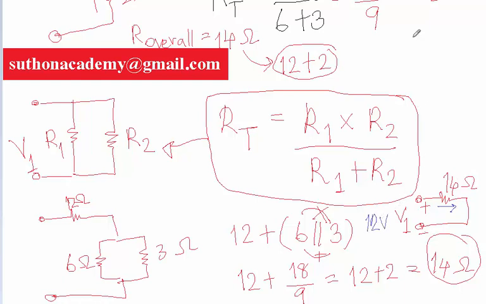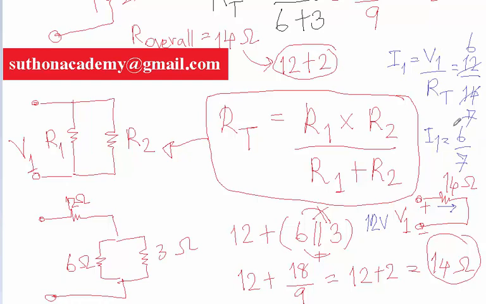In case that this is the 12 volt, so we can find the current I1 equal to V1 divided by R total. It's gonna be 12 divided by 14. This is 7, this is 6. So that means I1 is equal to 6 divided by 7.